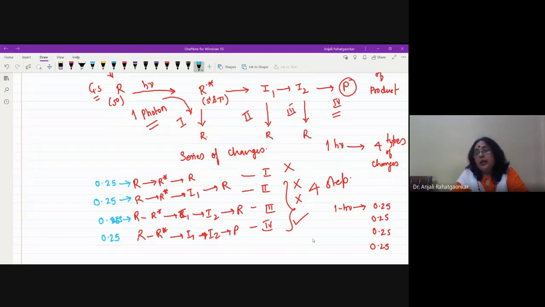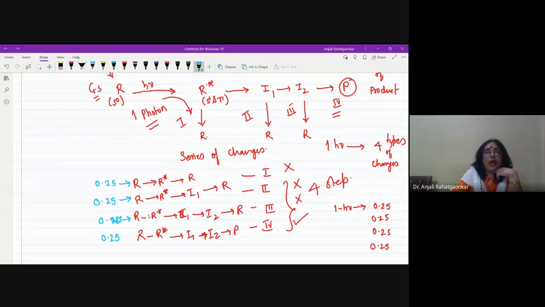So the ultimate goal is the conversion of reactants into the products, right? But how much energy is absorbed, and how effectively is that energy capable of converting reactants into the product?